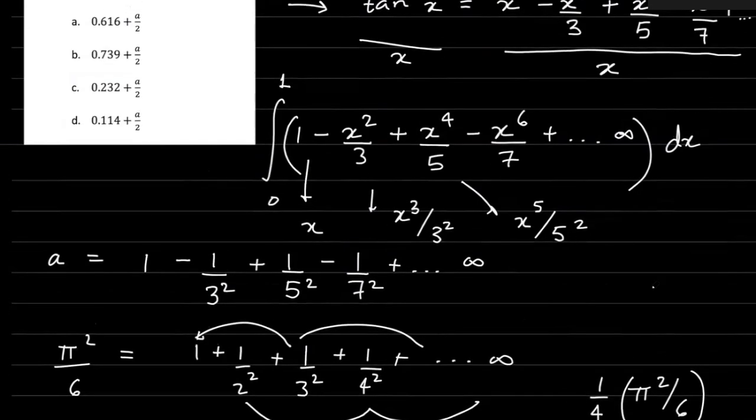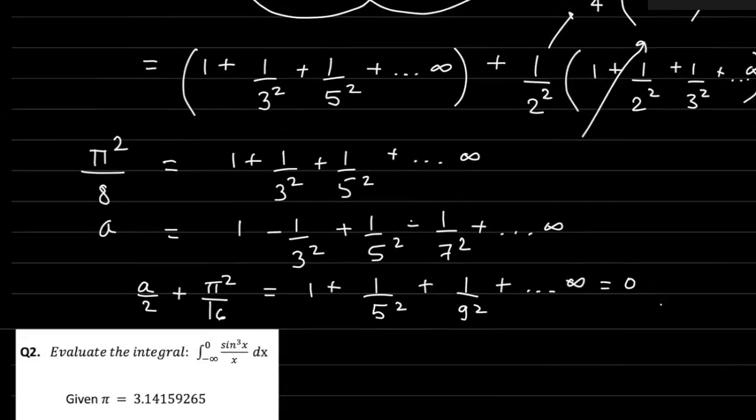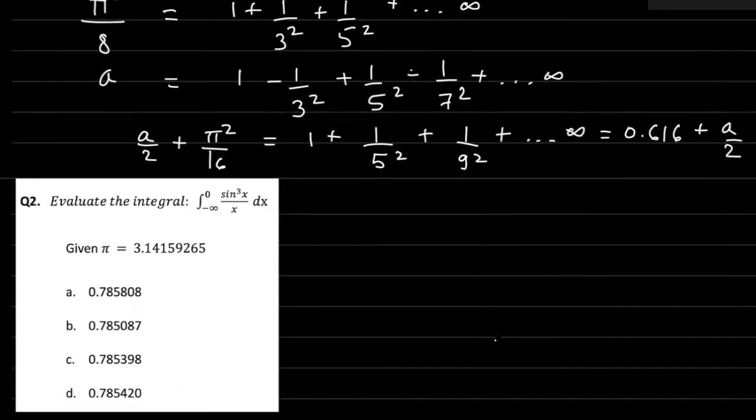Let's see the options first. Yeah, so it comes out to be 0.616 plus a by 2. Okay, moving on to the next question.